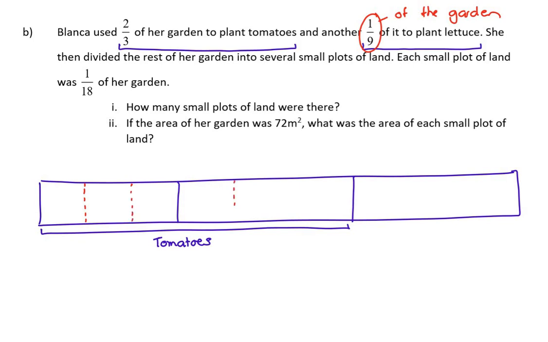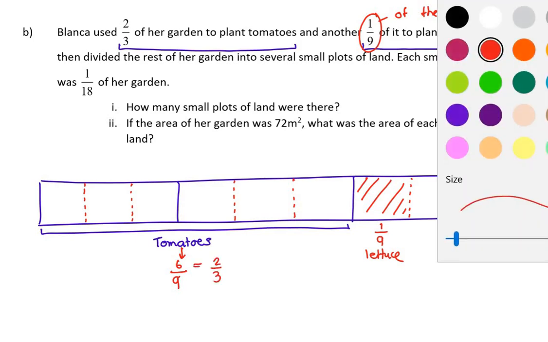Now I have 9 blocks overall. So now I can say that this 1 block out of 9 is for lettuce. These tomatoes are actually 6 blocks out of 9, which is the same as 2/3.